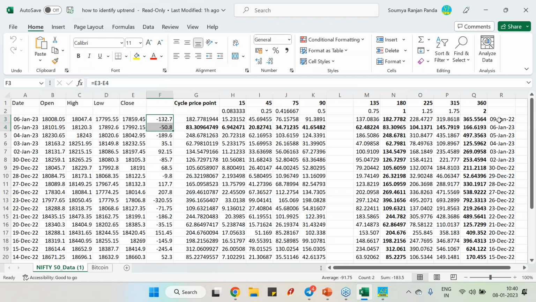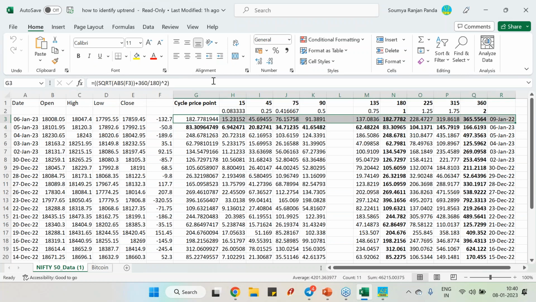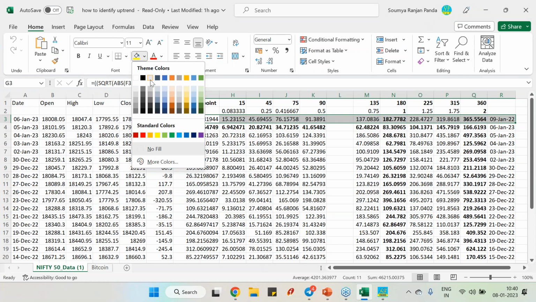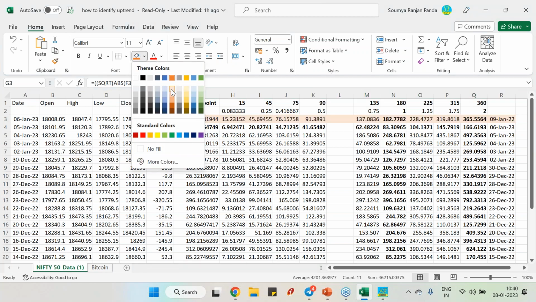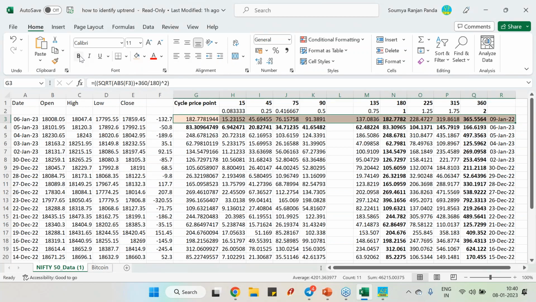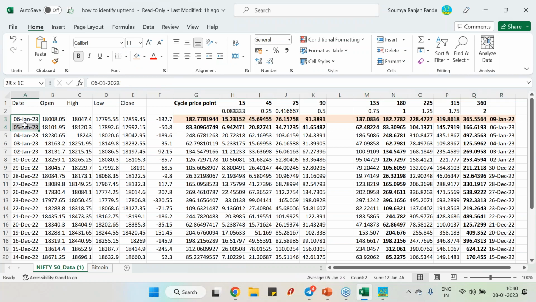So for the 9th forecast, this is the calculation for the 9th. I'll just color it up. This is the calculation for the 9th of Jan 2022, in a slightly light color, and make it bold. For this 9th day's calculations, I need to know what happened on the 5th and 6th.